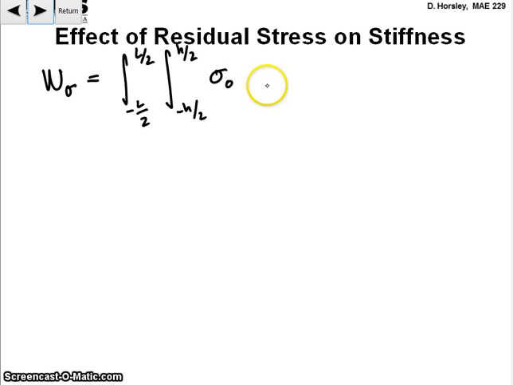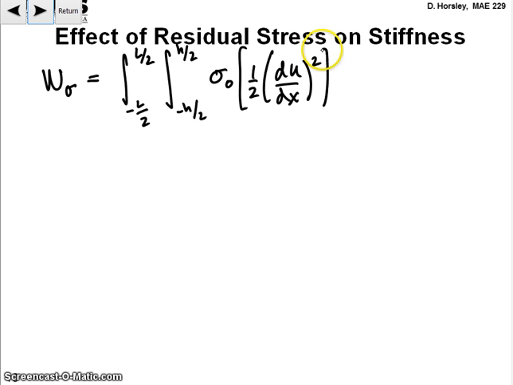We've got the strain energy due to residual stress is going to be the integral from minus L over 2 to L over 2 times the integral from minus h over 2 to h over 2 of sigma naught times 1/2 du dx squared dy dx, and I need to multiply by b.